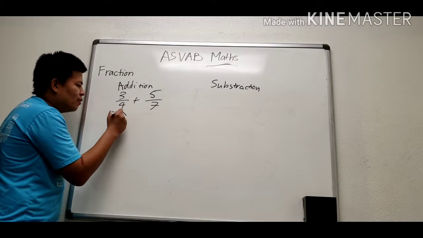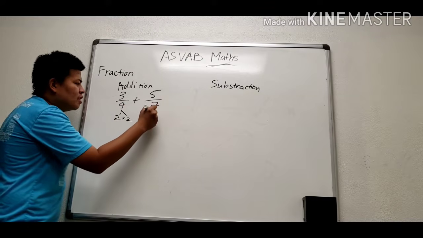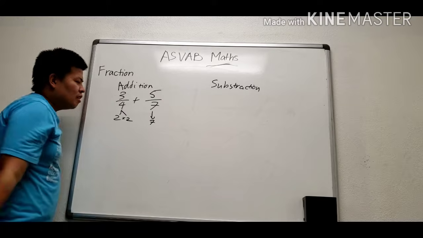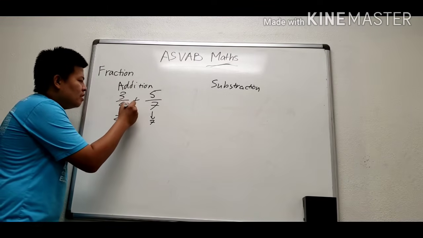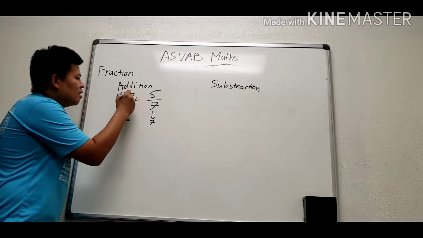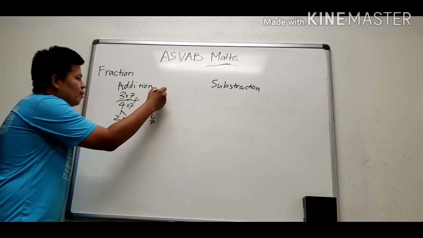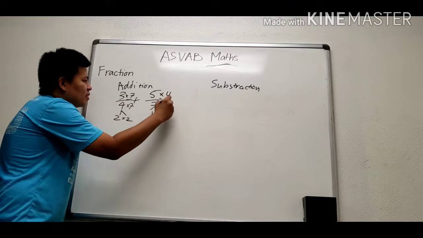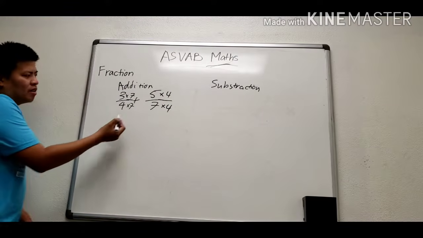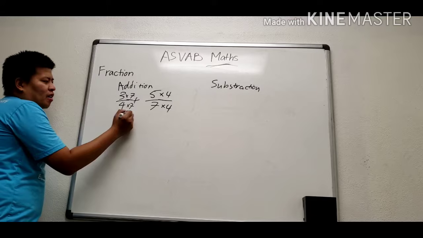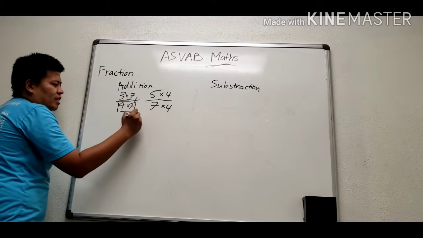Because 4 is 2 times 2, and 7 is still 7. Therefore, we need to multiply by 7 and we need to multiply by 4. This way we can get the common denominator, which is 28.